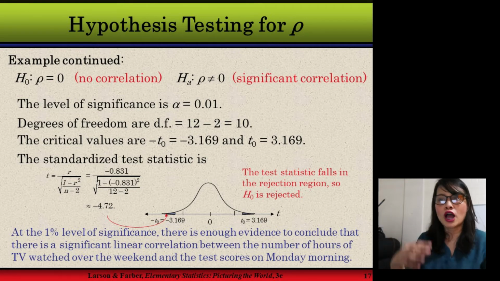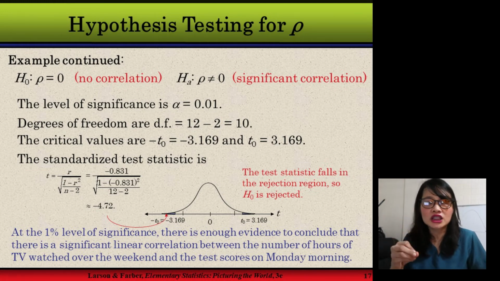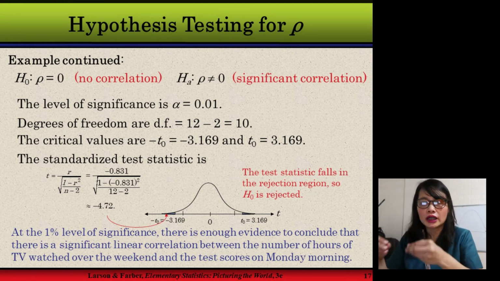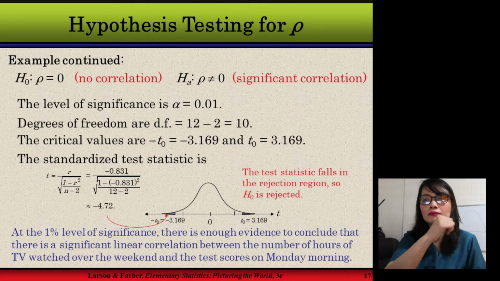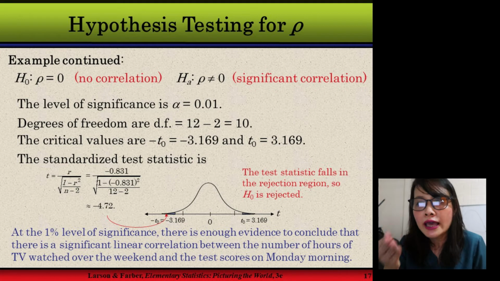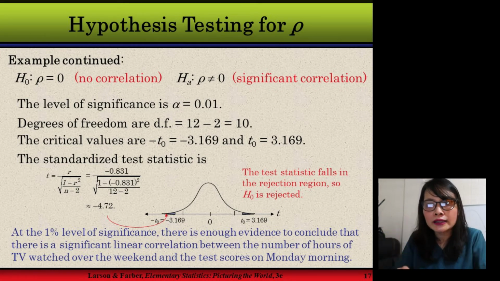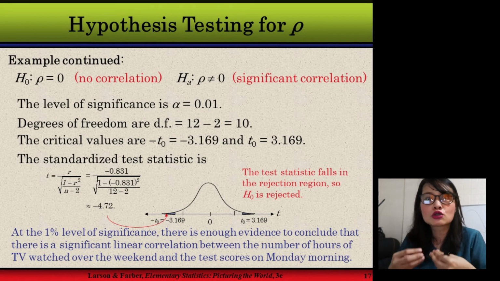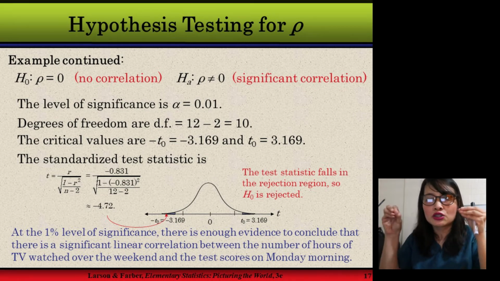After we identify the critical values, which are negative 3.169 and positive 3.169, solve for the t value. Using the formula, the t value is negative 4.72. And remember that negative 4.72 is within the rejected region.